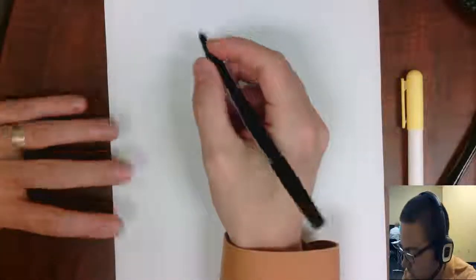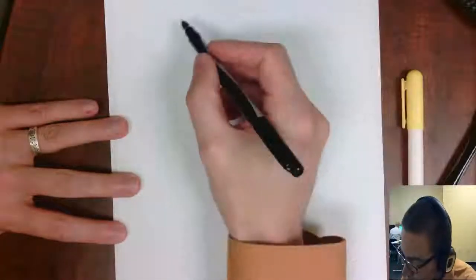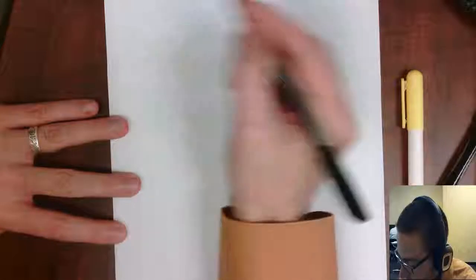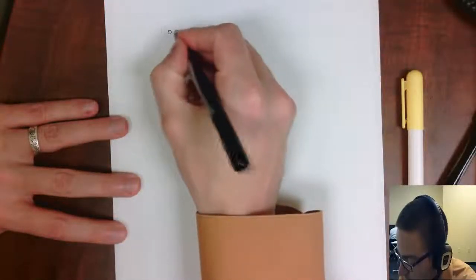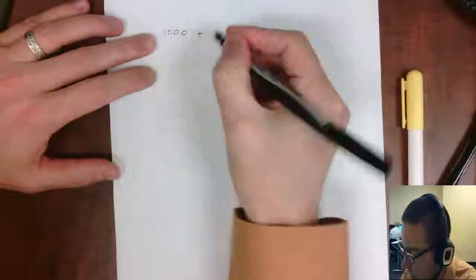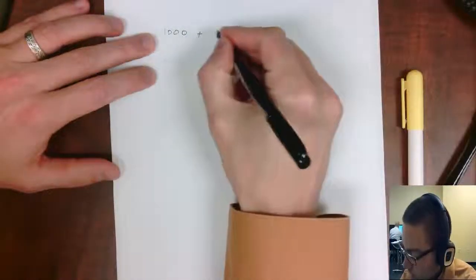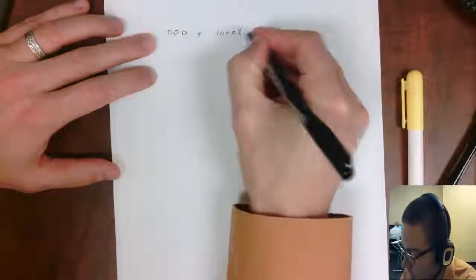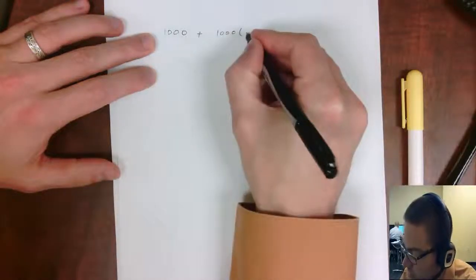So let's do a problem here with money and kind of see how this works. So if we start with $1,000 and it grows by 10% interest per year, so we're going to have $1,000 plus, we're going to add on 10%. So 1,000 times 10% as a decimal is 0.1.